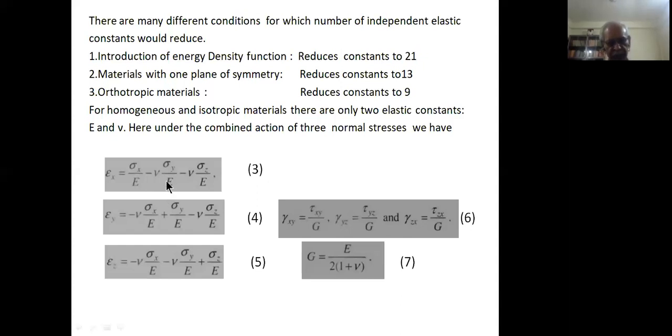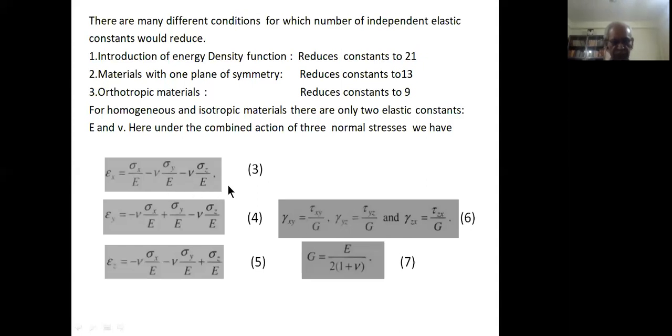The other two stresses will try to compress or reduce. So epsilon x is sigma x by E minus nu sigma y by E minus nu sigma z by E.